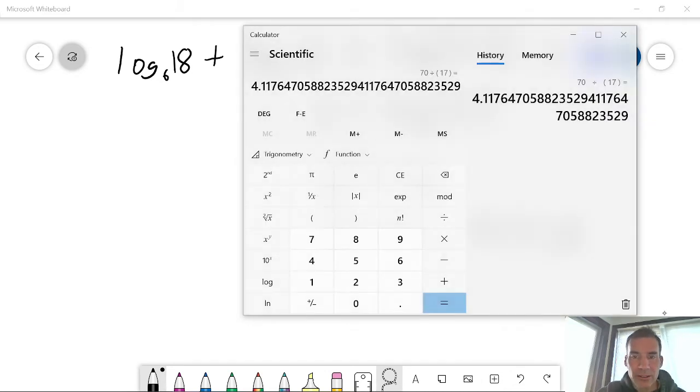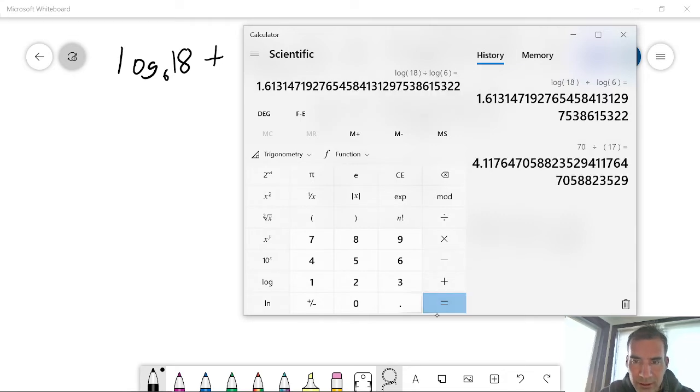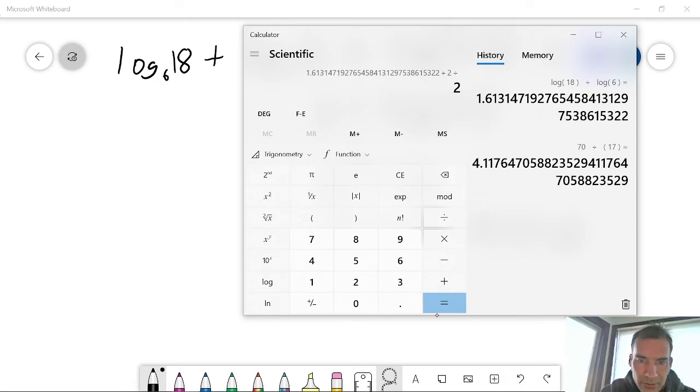If you'd use your calculator to do that, you'd have to go the log of 18 divided by the log of 6 gives you this decimal here, plus the log of 2 divided by the log of 6.